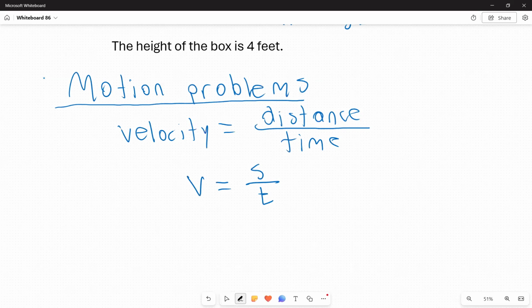Or we can have it in different ways. If we solve this equation for S, distance is velocity times time. And if we solve it for T, time is distance over velocity.